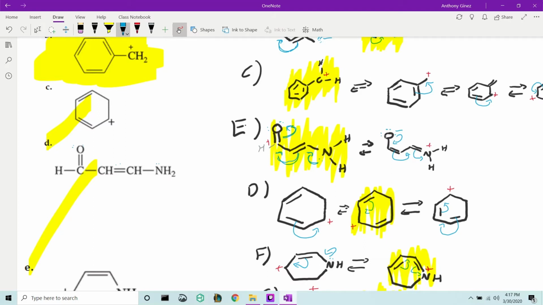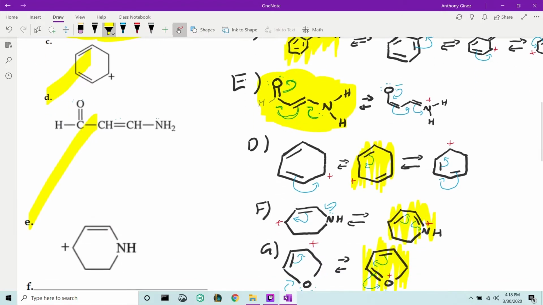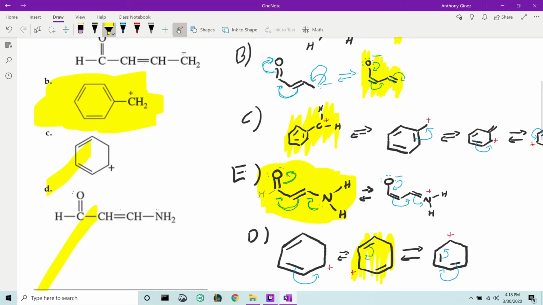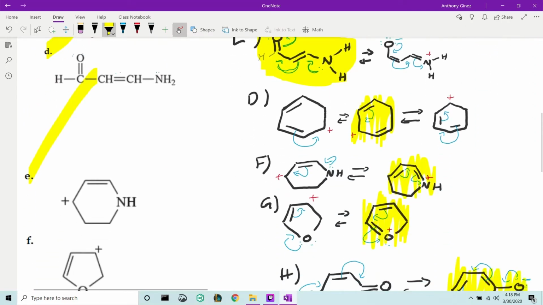The problem with that, though, is that while it would allow this oxygen to hold the partial negative charge, and this nitrogen also is okay to hold the partial positive charge, this structure actually just entirely does not include a negative or a positive charge on any atom. Therefore, it is the most stable of the two possible forms.